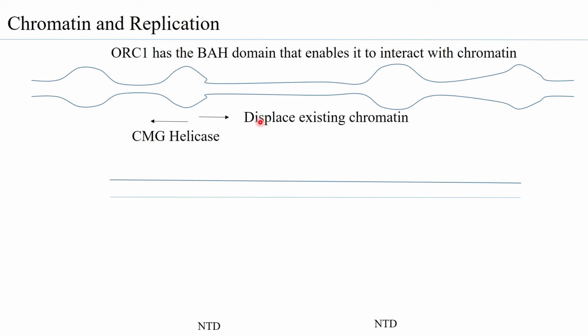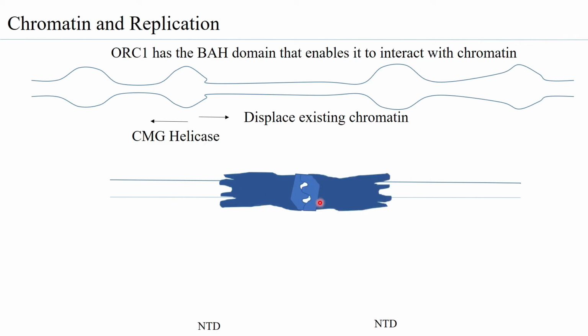Another important fact about the CMG helicase at the origin is interesting to note. There are several studies that have suggested that when the MCM2-7 was loaded by the CDT1 on binding to the CDC6 that is already bound to the ORC complex, it is attached in such a way that the two hexamers of the MCM2-7 are attached to each other head to head.